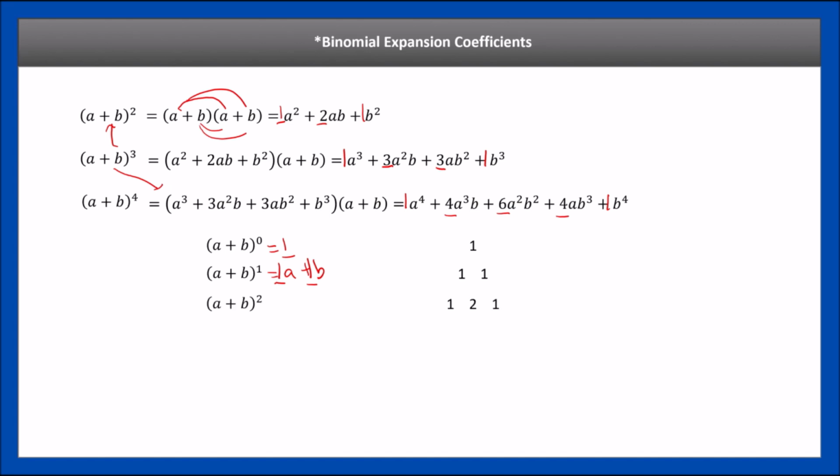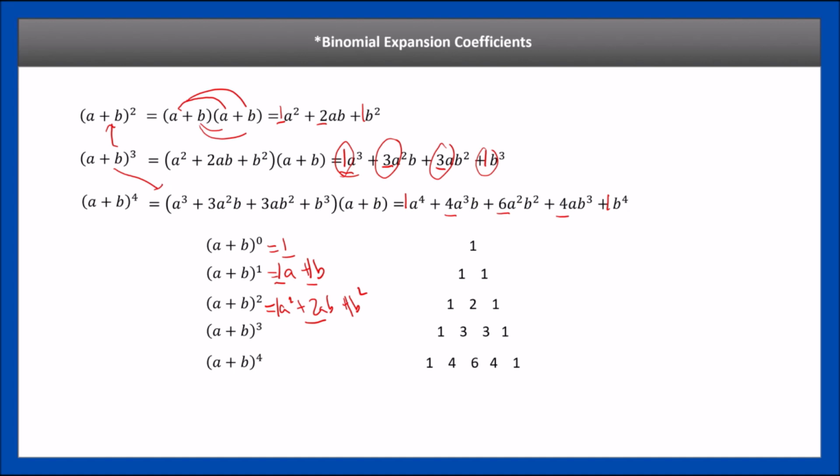A plus b to the second power, we said, was a squared plus 2ab plus b squared, so that gives us the 1, 2, 1 pattern. A plus b to the third power gives the 1, 3, 3, 1 pattern, so on and so forth. So a plus b to the fourth power, we have the 1, 4, 6, 4, 1 pattern.